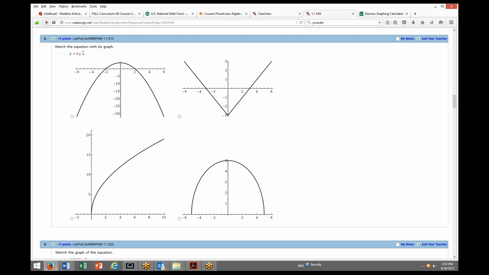They have already put forth to you 4 complete finished graphs, and all you have to do, this is like multiple choice, multiple graphs. You just pick the one that is correct, and whichever one you think it is, then you select that circle for that graph. Like for right here, if you think it's this first one, you'd click on that circle, and then it fills in with a black dot, and then you'd click Submit Answer. If you think it's that one, you'd click, if you think it's this graph, you'd click that circle and then Submit Answer. If you believe it's this one, you would click on that one, and etc.